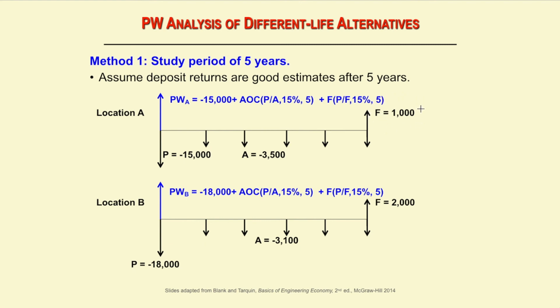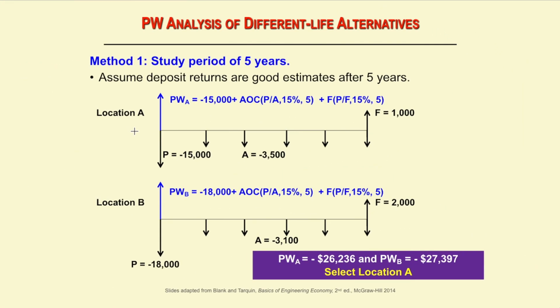And these are stated here in the future worth values for each location. So we then convert the cash flows for each alternative into the present worth value at the stated MARR of 15% for 5 years. And we find that location A should be selected because the present worth value of location A is more positive than the present worth value of location B.